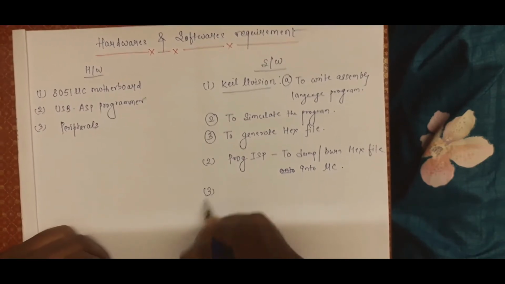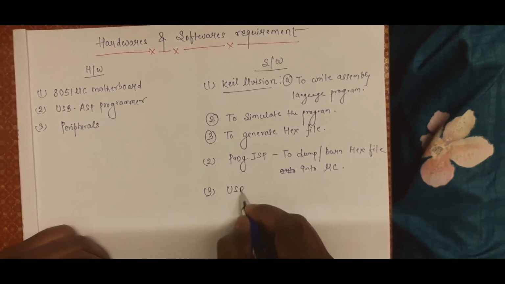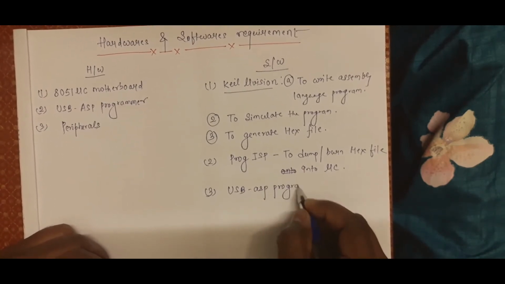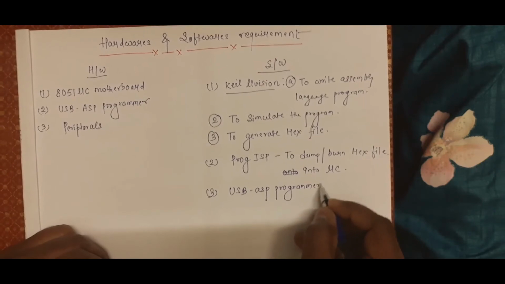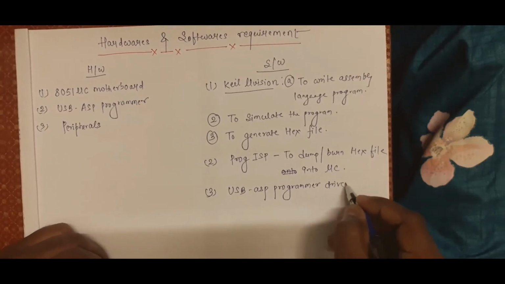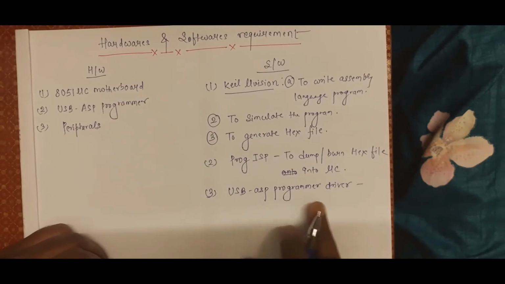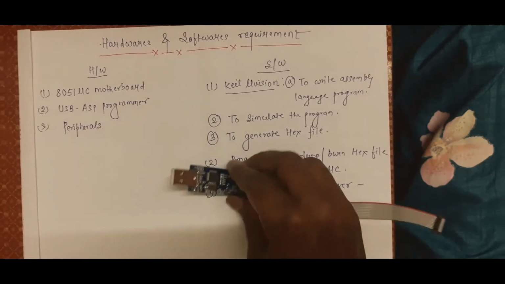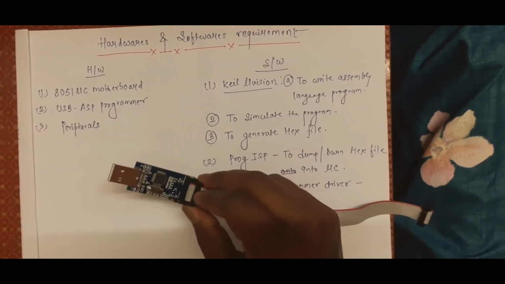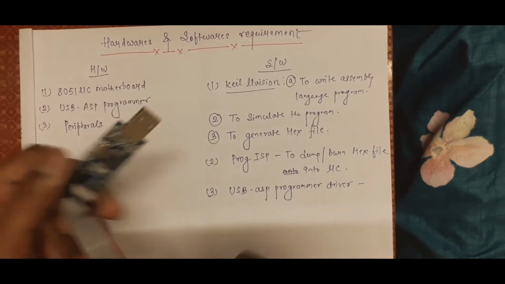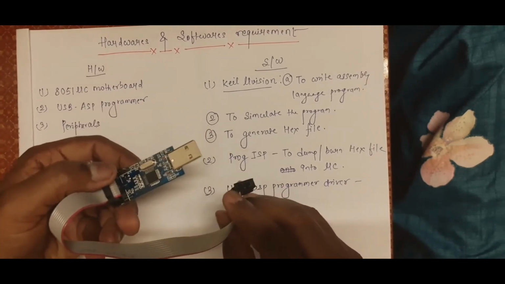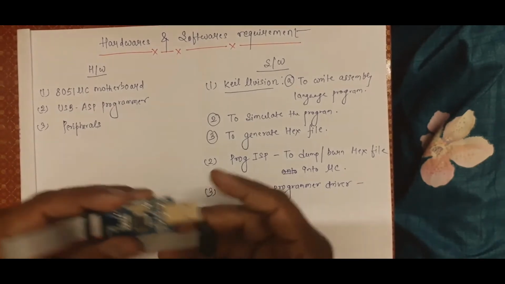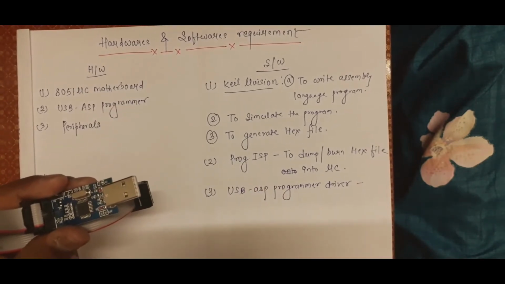You need one more software, that is USB ASP Programmer drivers. The third software is USB ASP Programmer driver. You have to insert this programmer. The USB part of this programmer will be connected to the USB port of your computer. So this programmer is a new device, a new hardware for your laptop or computer.